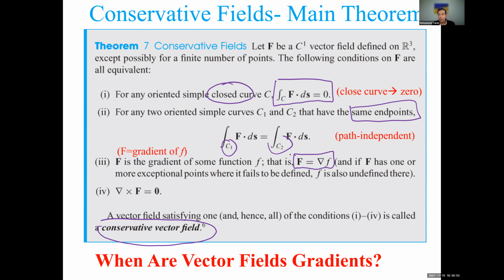So whenever we have one of those, we have the 2 others. And the fourth one, which makes it more interesting, is like a test: the curl is 0. Think of it as a test. How do I know something is conservative? If I take the curl of F and it's 0, I'm done. I have this, I have this, and I have this. And the curl is just a computational one to work with, easy to do.